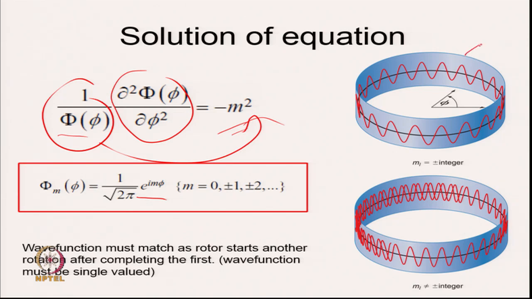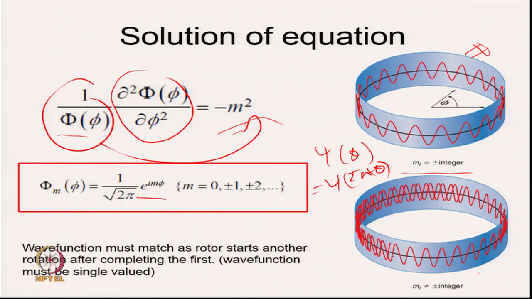The allowed values are when m is an integer, because then your psi at theta will be equal to psi at 2 pi plus theta. And that is only possible when m has an integer value. If m is not an integer, then you can see that psi is not matching after one rotation.